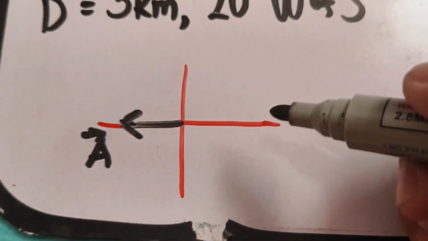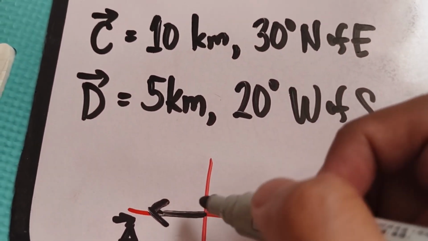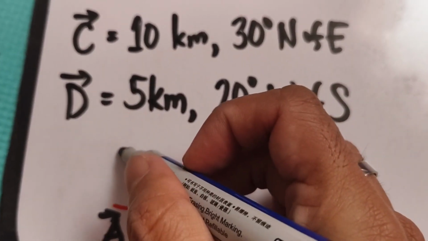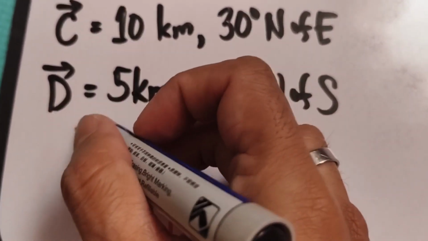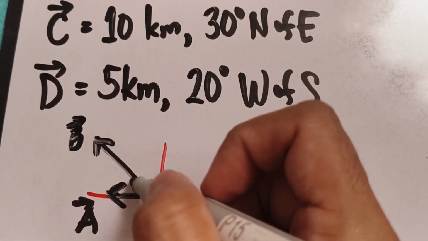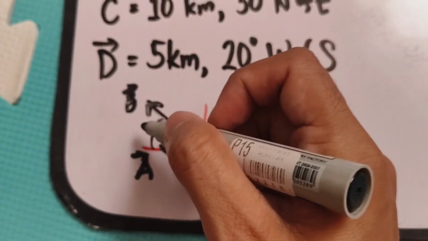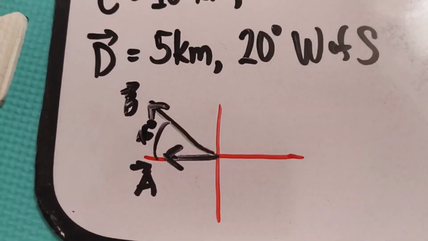So nasa anong quadrant 'yan? Tama, nasa second quadrant. So, dito yan, more or less. Ito yung ating vector B. And the angle from the x-axis is 45 degrees. Exactly, 45 degrees.